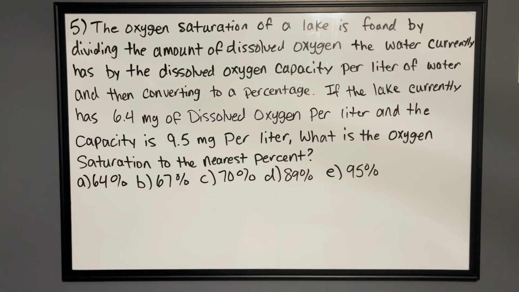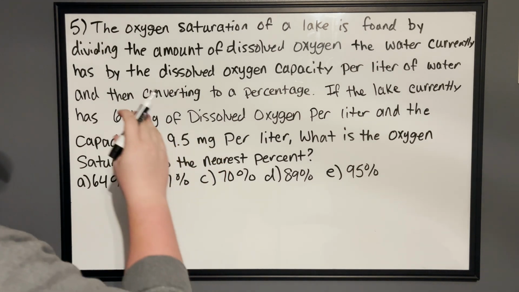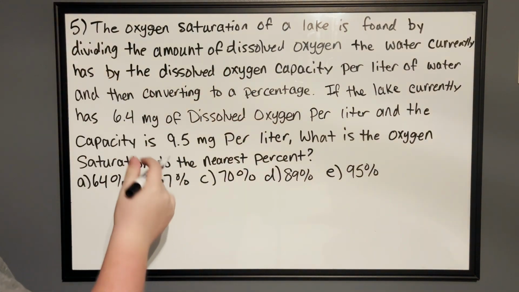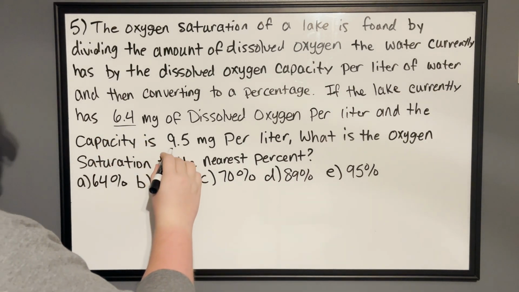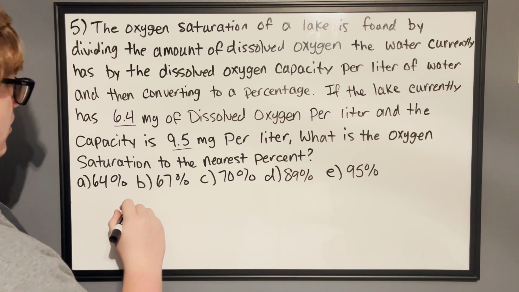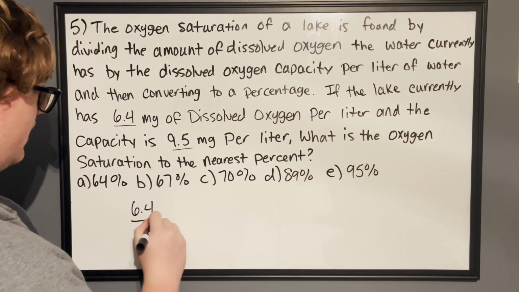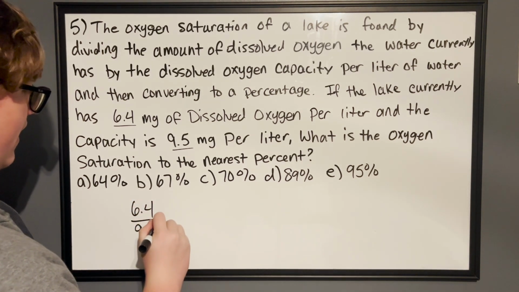Okay, so this is a pretty long-looking question, but it's really not that hard. The only thing it's asking us to do is to divide the amount that it currently has by the capacity. And we know it currently has 6.4 milligrams, and the capacity is 9.5. So all we need to do is compute 6.4 and divide that by 9.5.